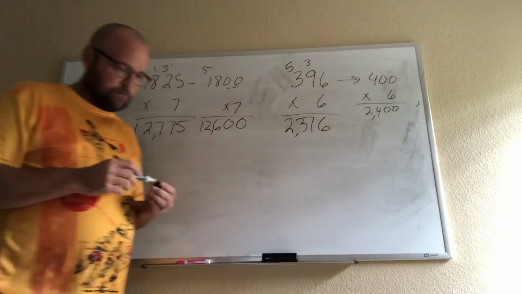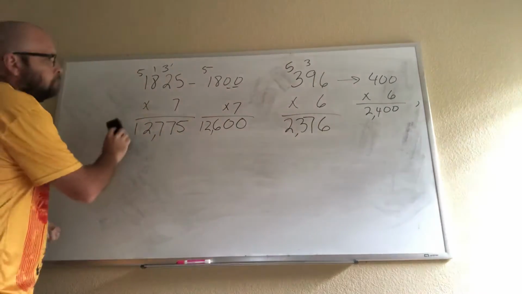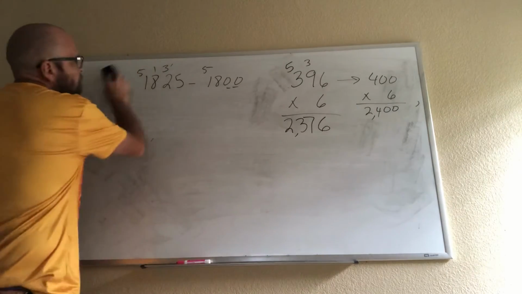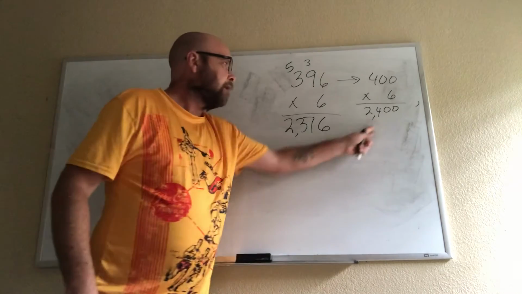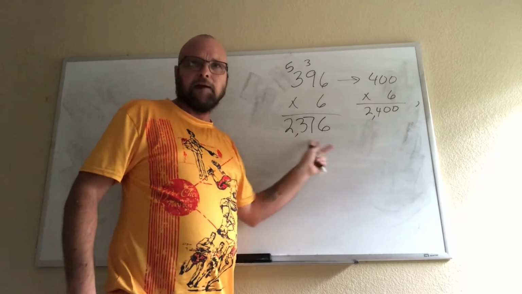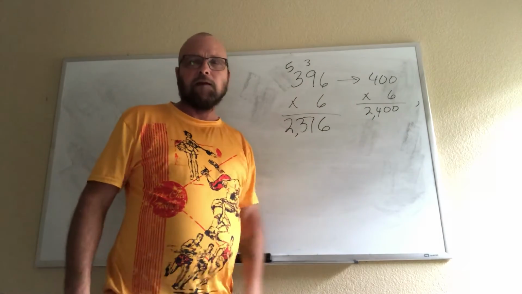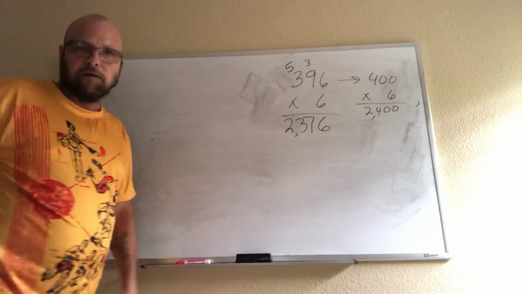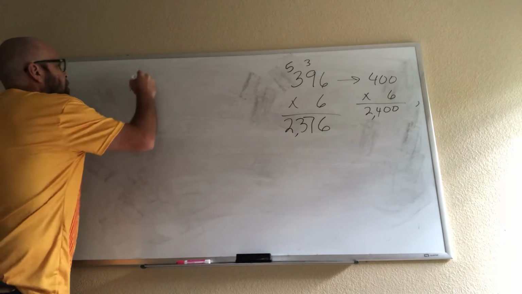So 2,376. But notice on all of these, I'm estimating first. That tells me I've got a pretty good chance of getting it right. I can't guarantee it's right, but I've got a pretty good chance because I know it's near my estimate.